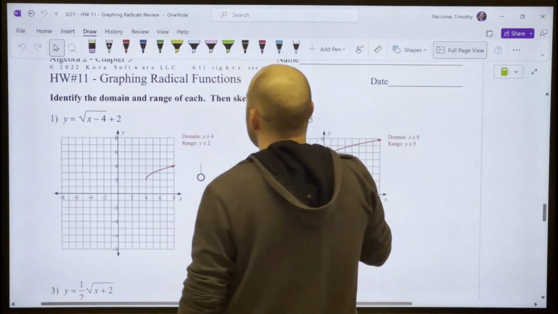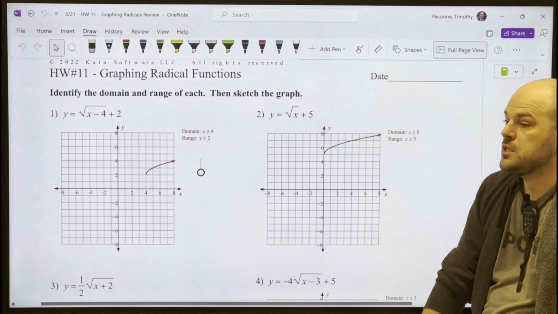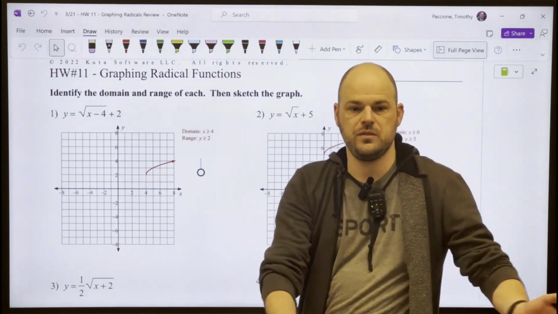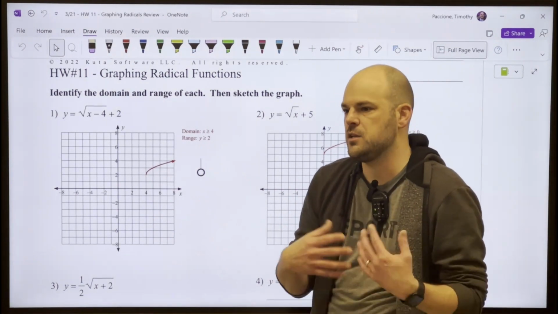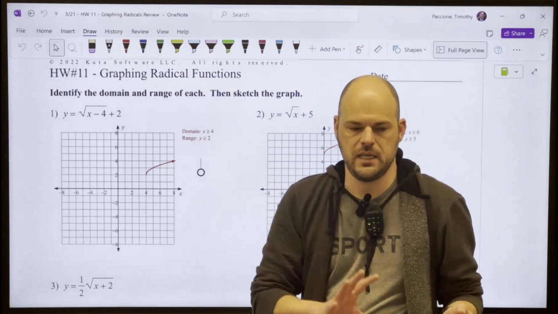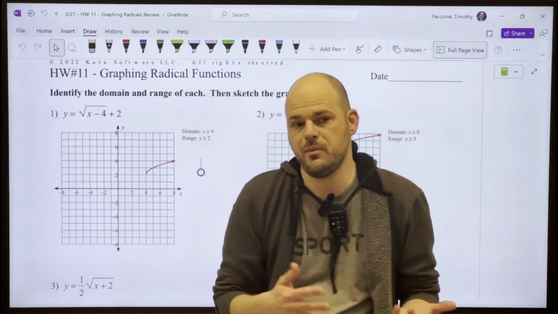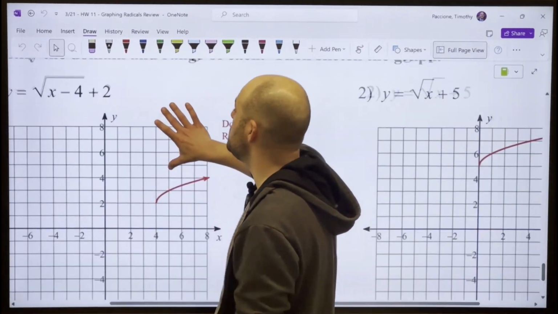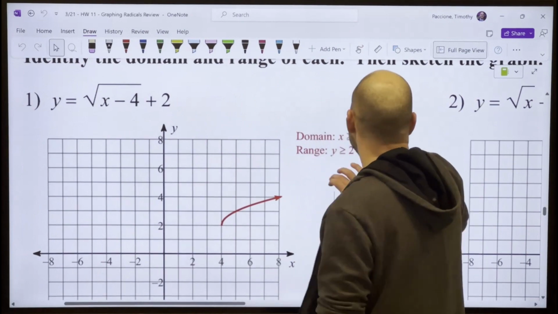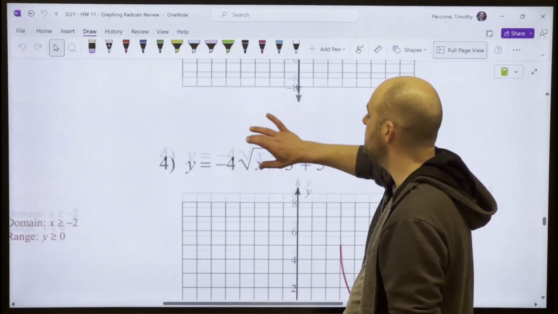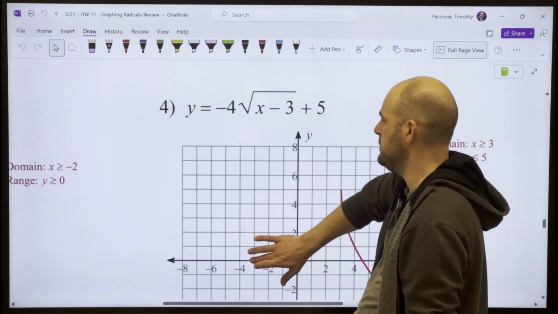All right, so in each of these situations, there's the parent function and then things that happen to it. Does it move up? Does it move down? Does it go left? Does it go right? Does it flip? Does it stretch? In some of them one thing happens, in some a couple things happen. In this one, two things happen. In this one, one thing happens. In this one, four things happen.